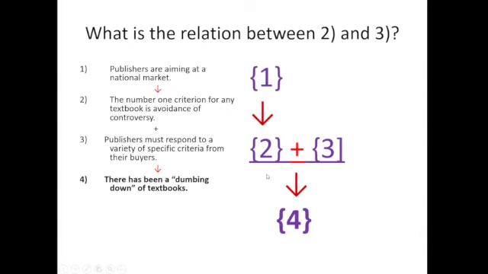We would have one arrow going from 2 to 4, and a separate arrow going from 3 to 4, indicating that both 2 and 3 are premises for 4, but it's not the combination of them which is necessary. Each one by itself is a premise for 4. That was a different type of inference from the linked one. But in this case, it's linked.